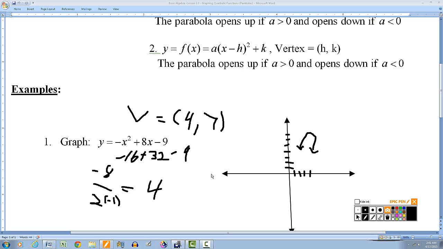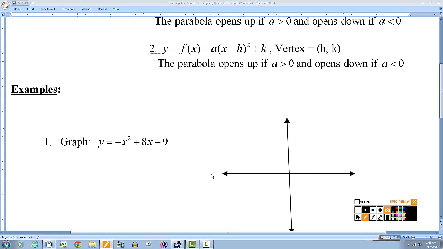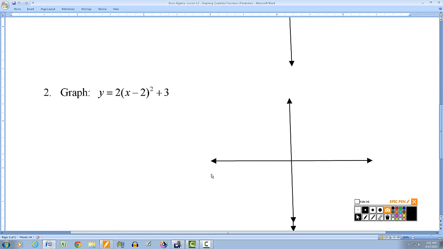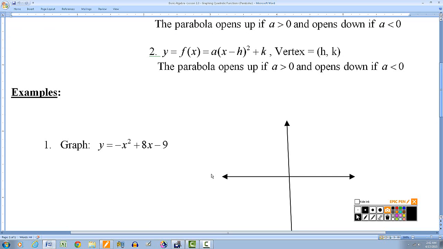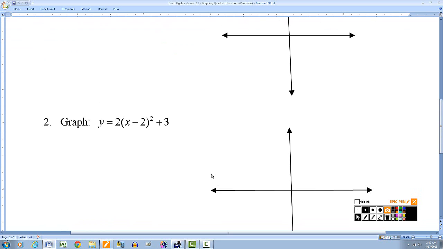Okay, so let's clear this. Notice this has the second form. So look at the second form over here. That's (x minus h) quantity squared, and the vertex is (h, k). In this case, the vertex is going to be x minus 2, so h would be 2, plus 3, so k would be 3.